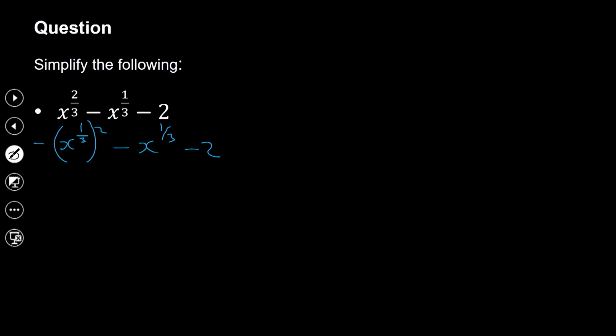Now, some people prefer saying let x to the exponent of 1 over 3 equal k. That means I will then have k squared minus k minus 2. Now you can already see this is our normal standard quadratic equation that we can use or factorize.